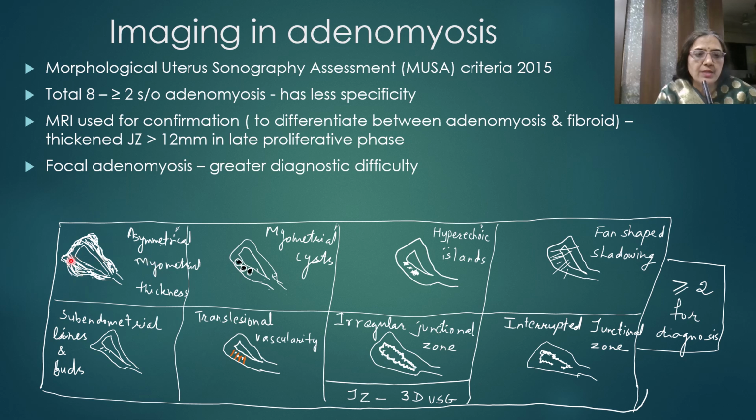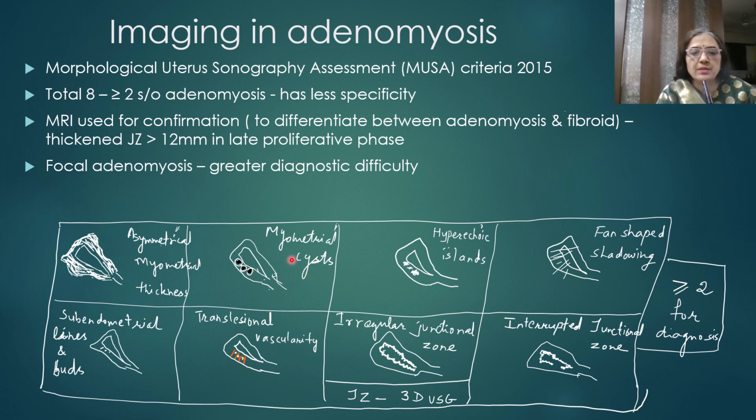Asymmetrical myometrial thickness is seen when we do transvaginal sonography. Presence of myometrial cyst has greater specificity for adenomyosis as compared to other changes. Whenever cystic lesions are identified in the myometrium, we call it a myometrial cyst, and it is associated with a greater possibility of adenomyosis.